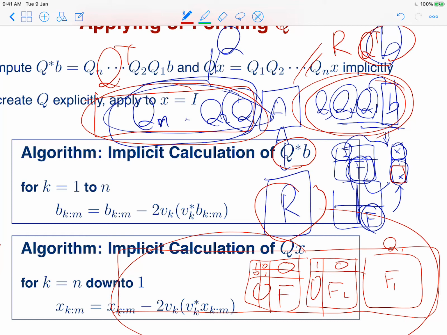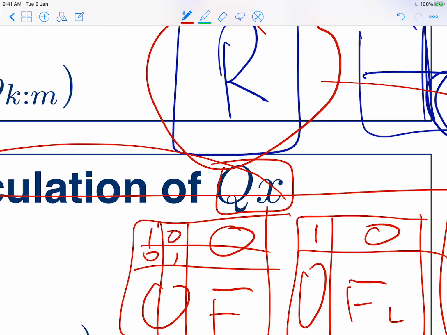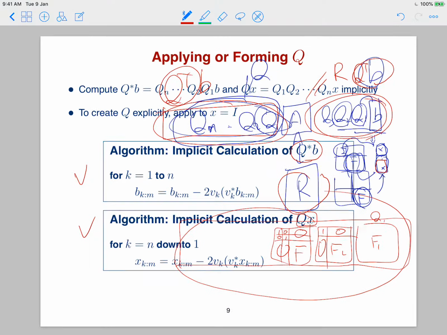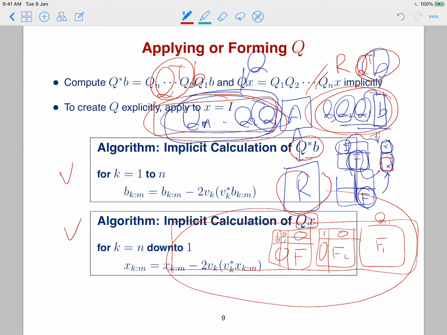And then what if we have to multiply not Q transpose B, but Q times X? Not Q transpose, but Q. In this case, how can we compute it? We actually follow the reverse process.